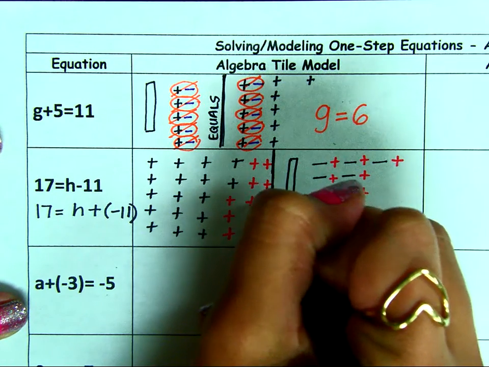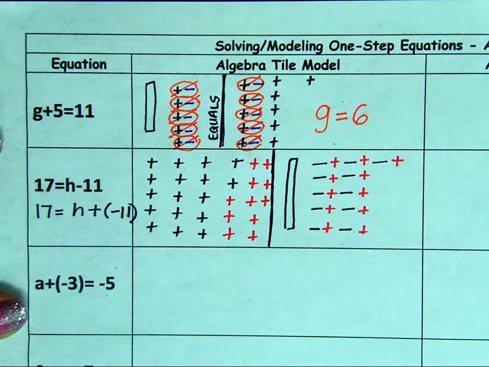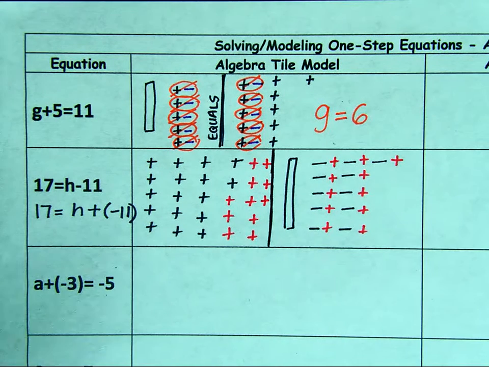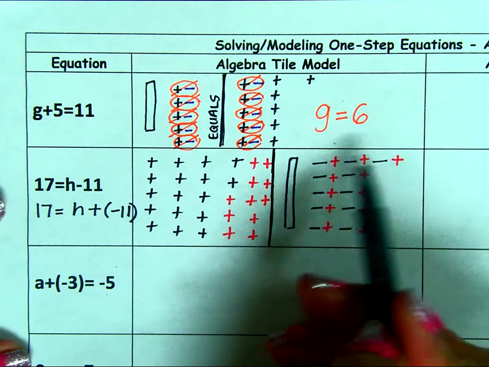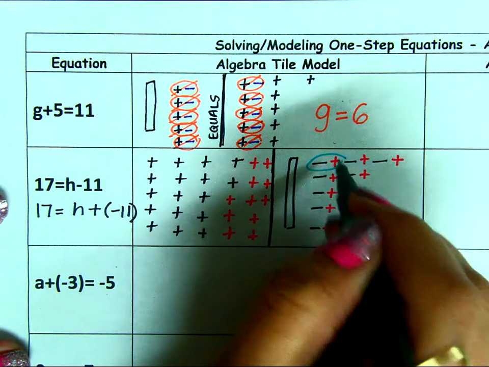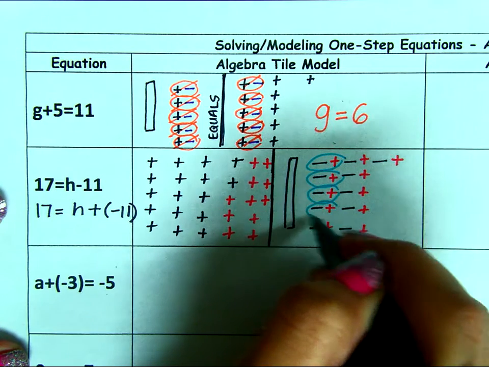Okay. So you can see the second step is in red there. And then we'll go ahead and show on the right-hand side, what do we have going on here? We have created 0 pairs. We have 11 of them. And these are all going to cancel out.